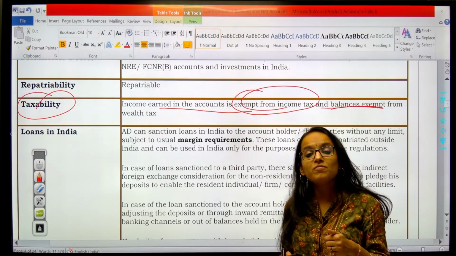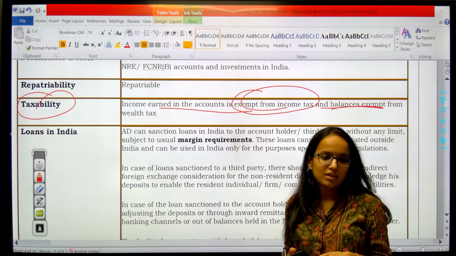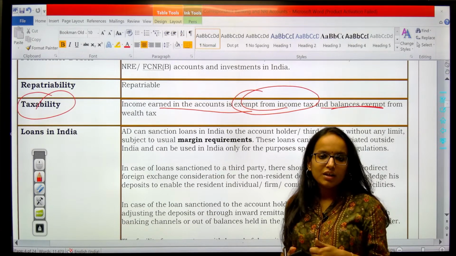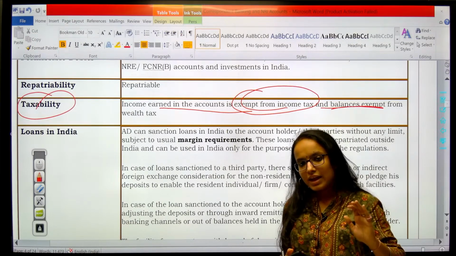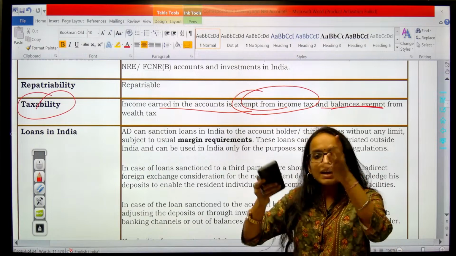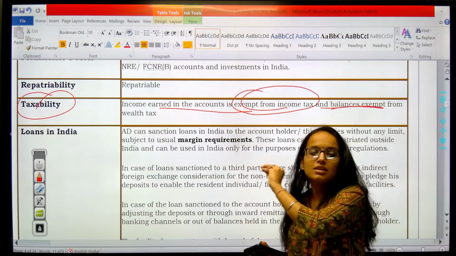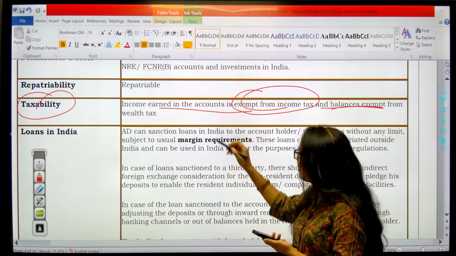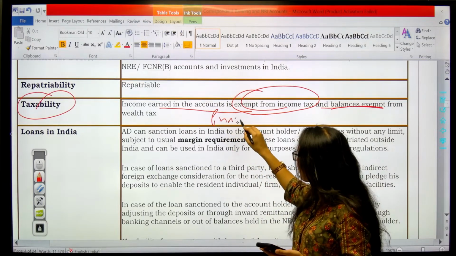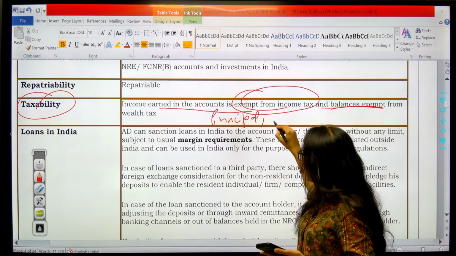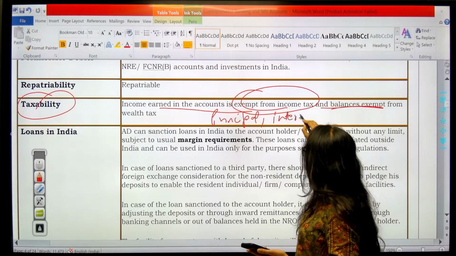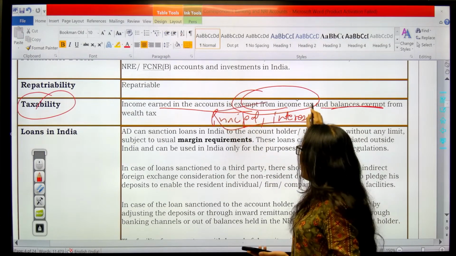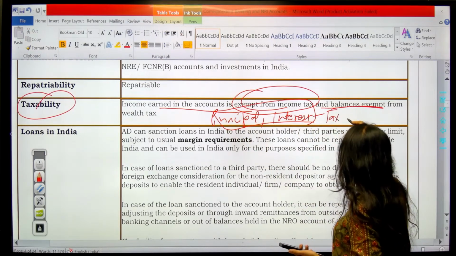Okay, and from wealth tax as well. Are you getting this point? So any income, any interest, the entire amount placed under this NRE account, be it principal amount or interest, is totally tax exempt.